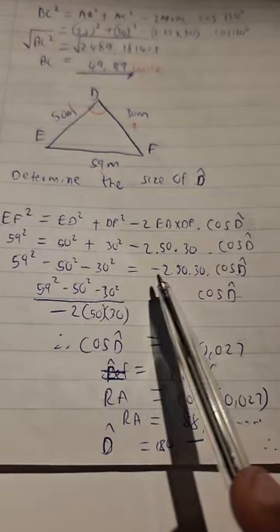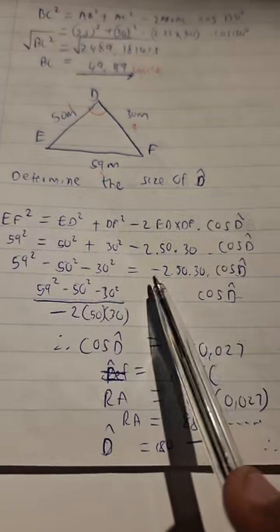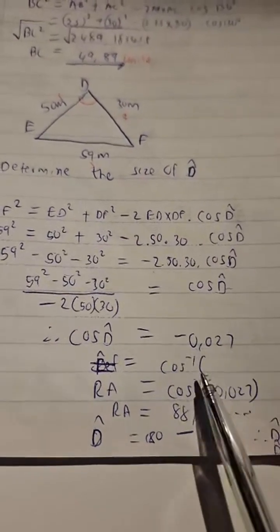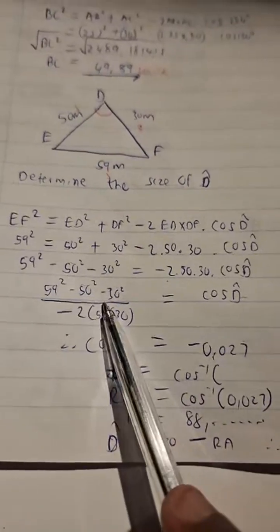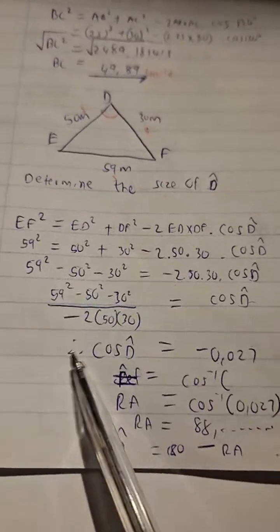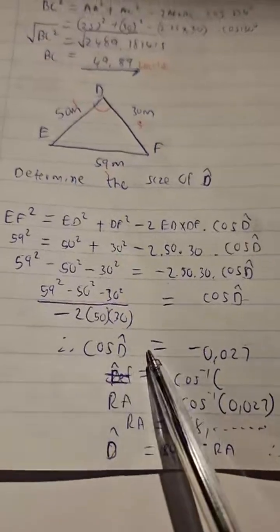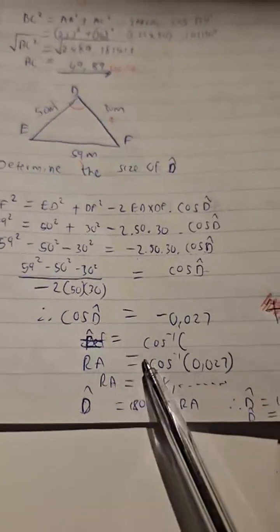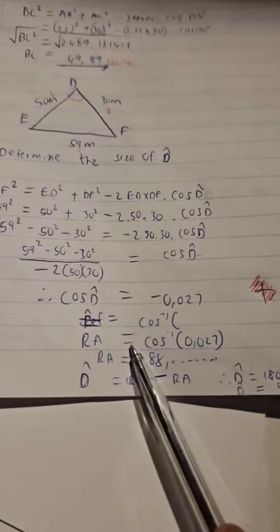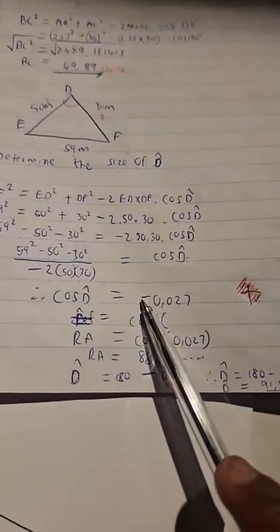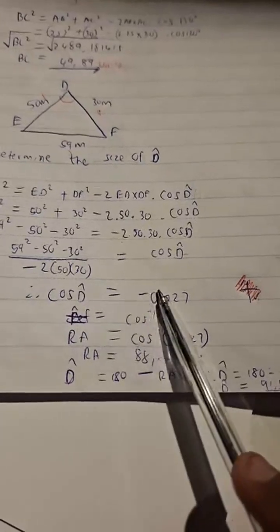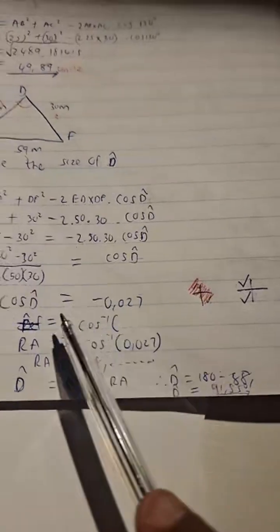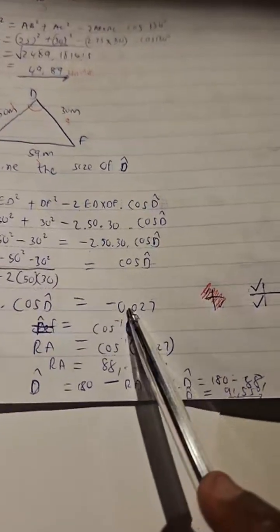Now we can punch this in the calculator. We get negative 0.027. Because remember, cos D is equal to that. Therefore, cos D is equal to that. Now, I just find my reference angle, right? And when I find my reference angle, guys, I know that that is negative. So to accommodate the fact that this is a negative value, I ask myself, where is cos negative?